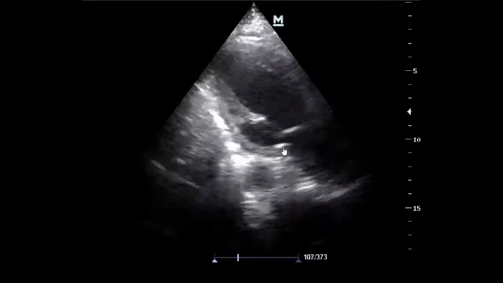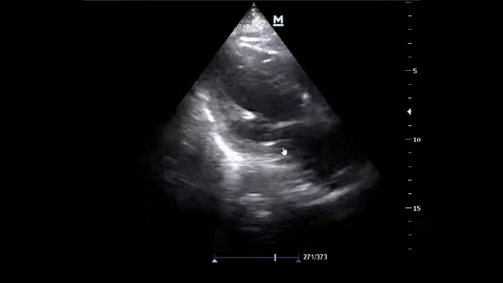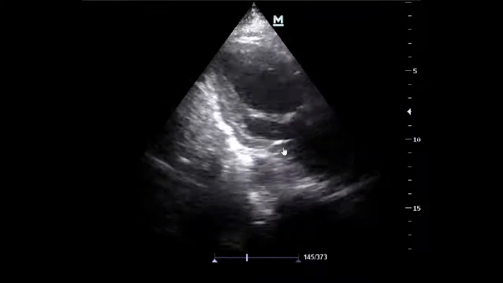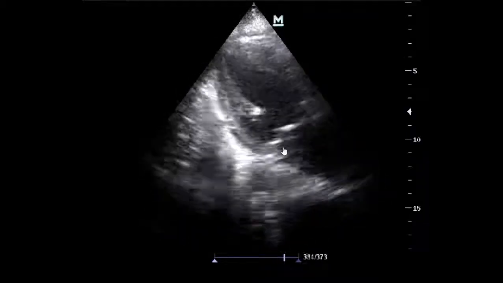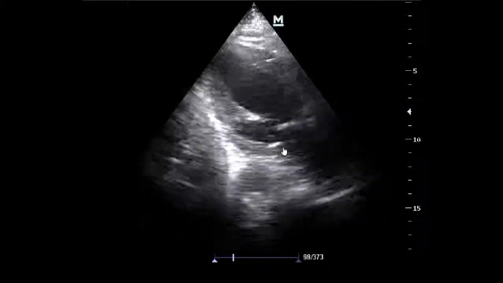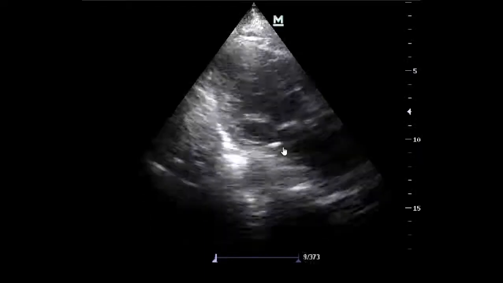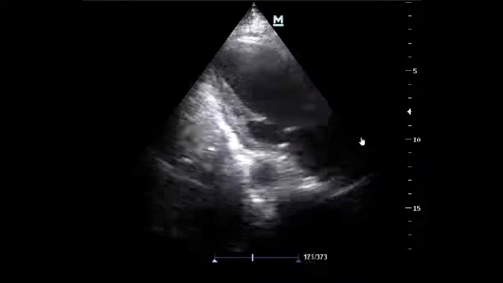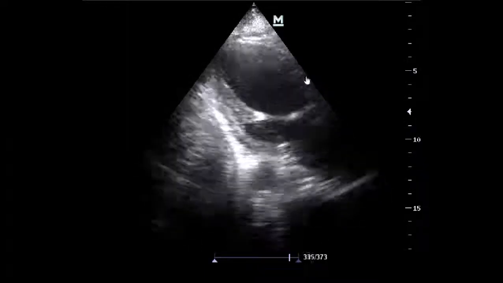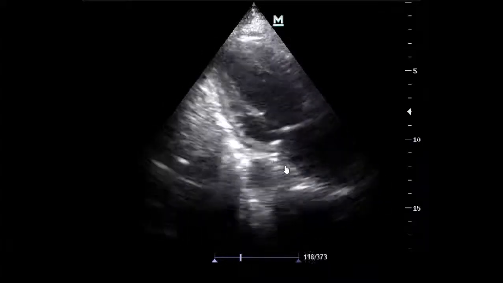After assessing the inferior vena cava, we usually go to the heart to know other cardiac causes of hypotension, and at the same time to assess if there is any kissing heart if the patient is septic. This is a two-chamber view of our patient with the anterior wall of the left ventricle here, and the inferior wall here.